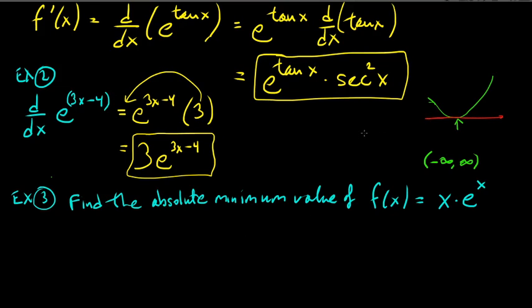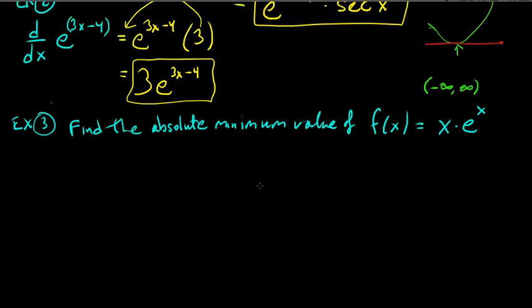Now, you might say, how do you know it doesn't do this, come to a corner? Well, that's if this were not differentiable. And you'll see in a minute when we take the derivative, this will be differentiable for all x. So no corners, no cusps, nothing crazy here. So let's take f prime of x.